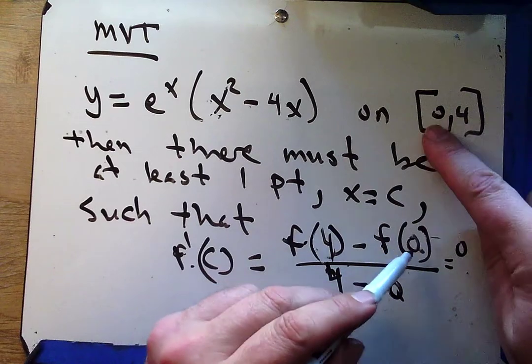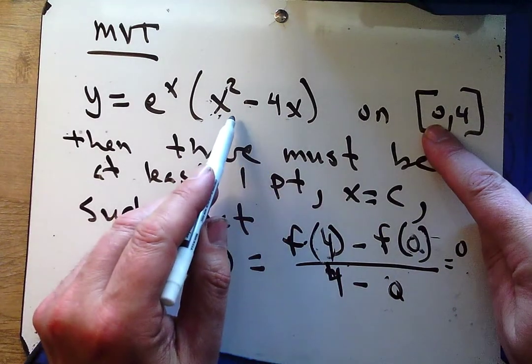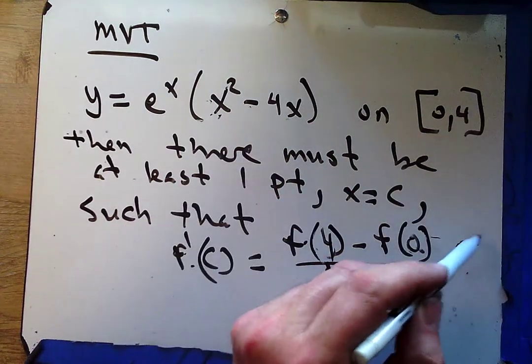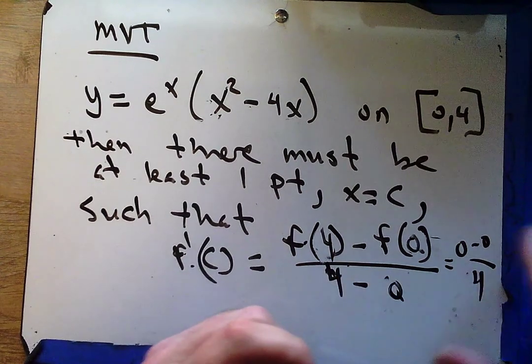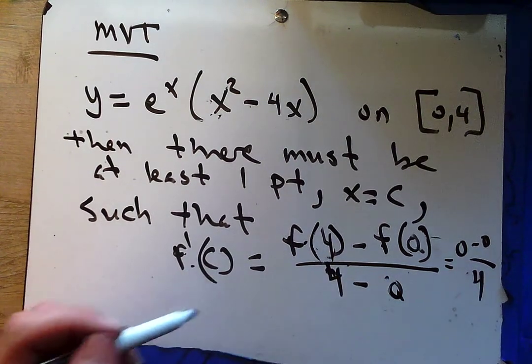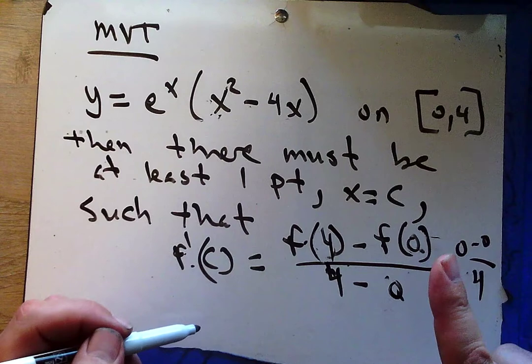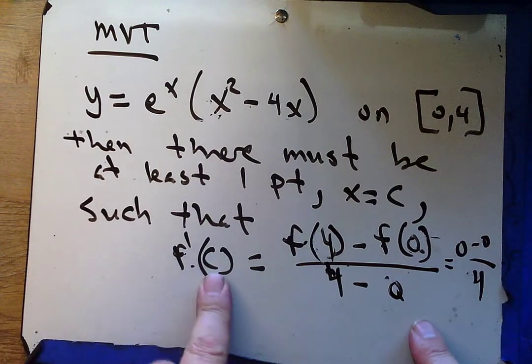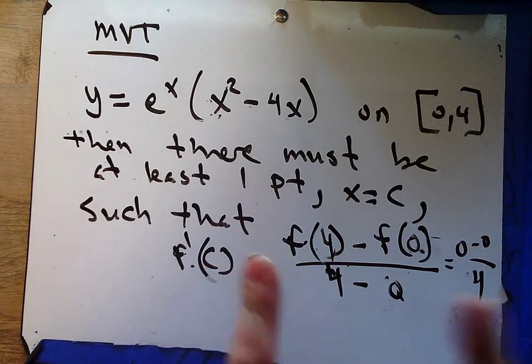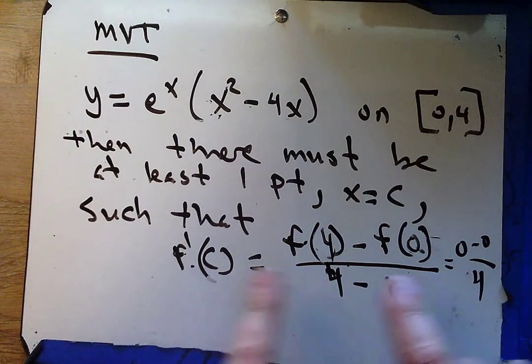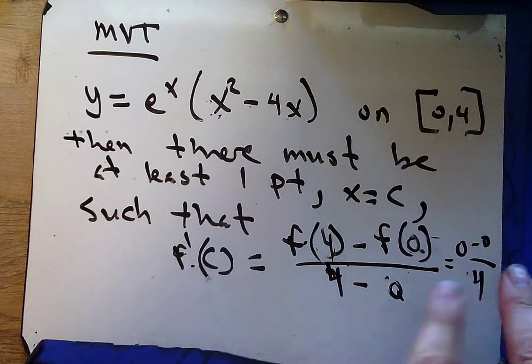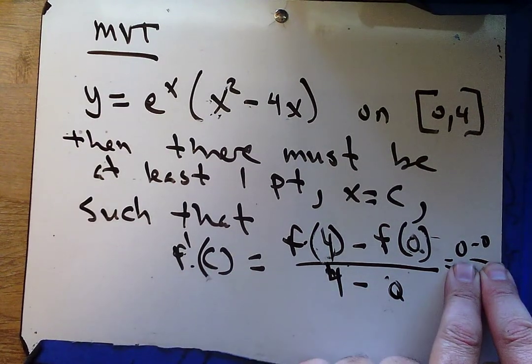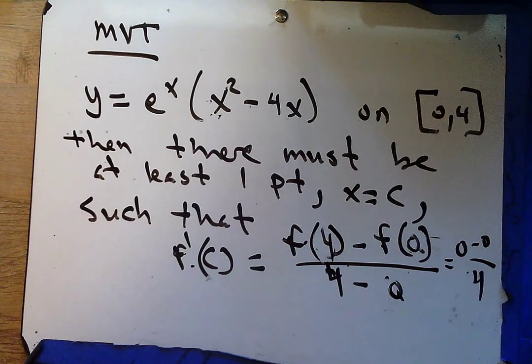F of 0 is 0. It looks like my slope is 0. Okay, so what I know is that there's at least one point called x equals c, where the average rate of change is equal to the instantaneous rate of change is equal to 0.